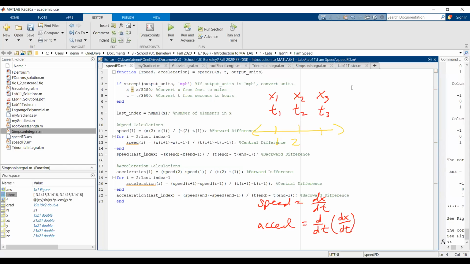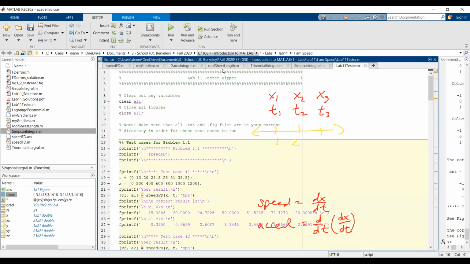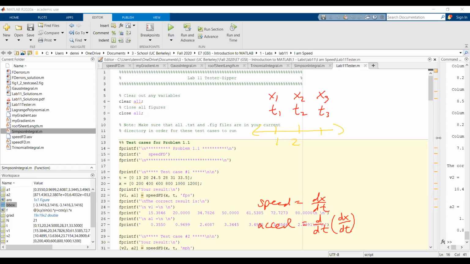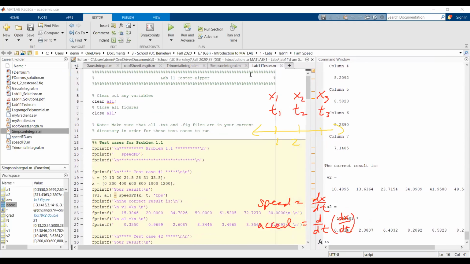Let's head over to the Lab 11 tester and see if this works out. Some stuff in the way. I can't see the side. Here, I'm going to clear this, actually. 3, 2, 1. Okay.